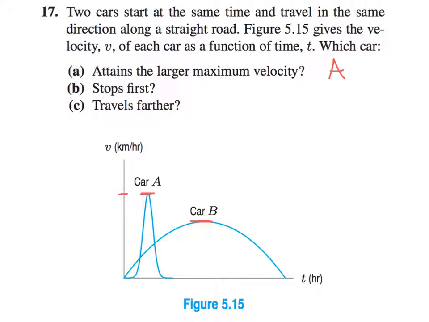The second question is, which car stops first? Well, this is the velocity function. A car stops when velocity equals 0. So where does the velocity of each car reach 0?